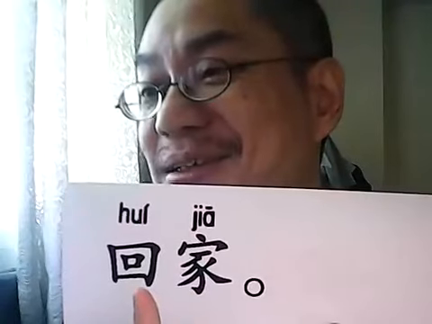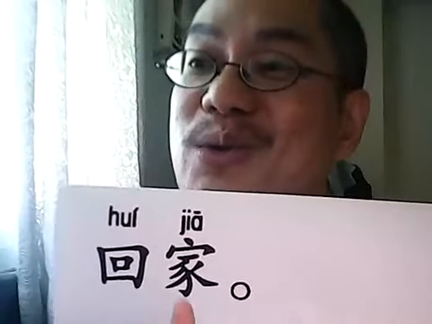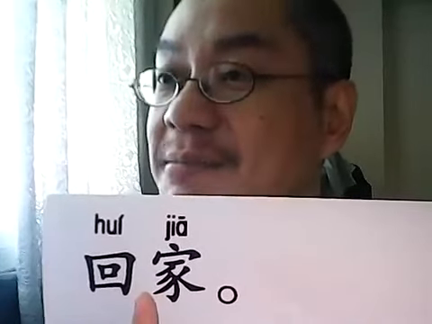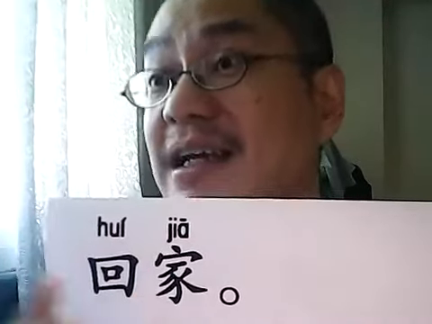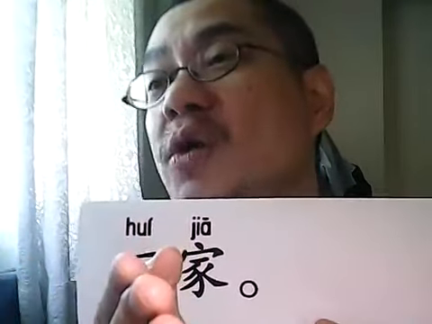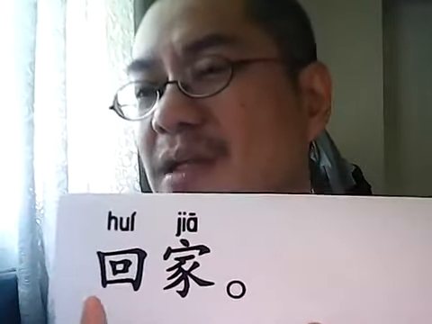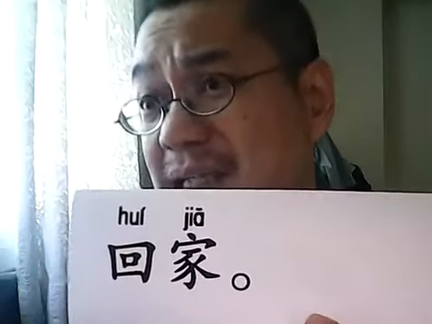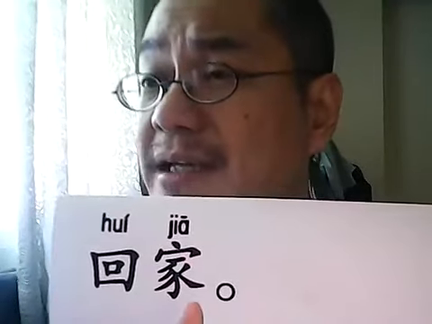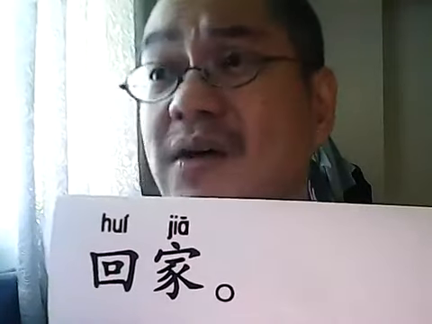Okay, so this is the normal tone to say in an imperative sentence, right? 回家, go home. Go back home. Return home. But how about using it in a polite way? Like, go home please.